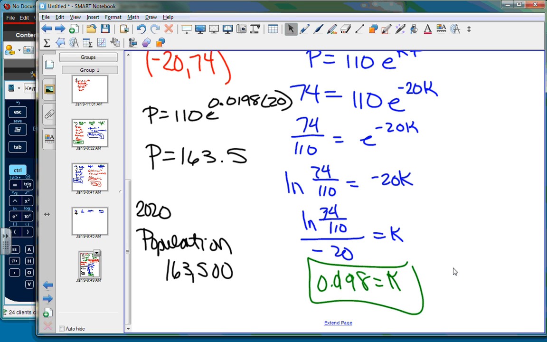Okay, now look at number 7. Let's talk about 7. The number n of bacteria in a culture is given by n is equal to 250 e to the kt. Let's break that down a little. What does n represent? It's your balance of bacteria, right? What's the 250 represent?